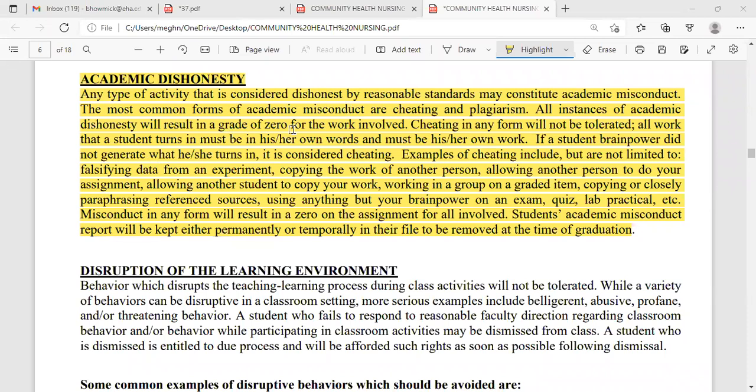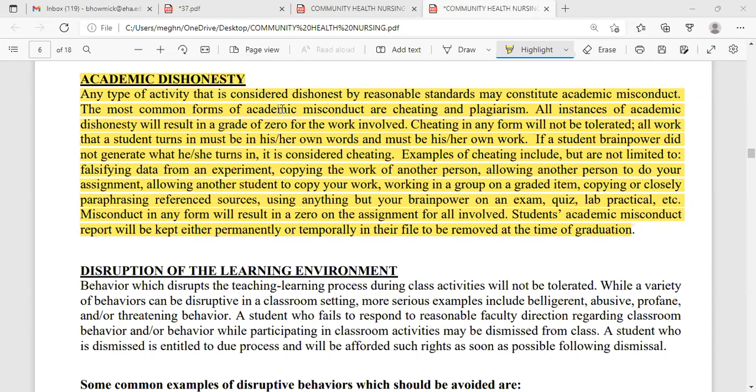All work that a student turns in must be his or her own work. If the student's own brain power did not generate what he or she turned in, it is considered cheating.